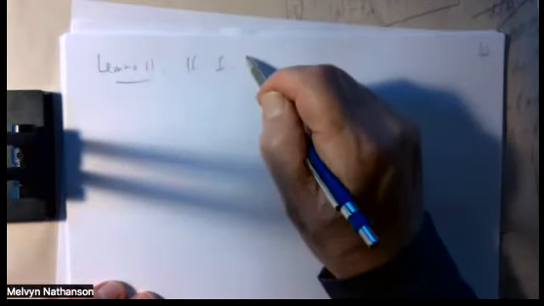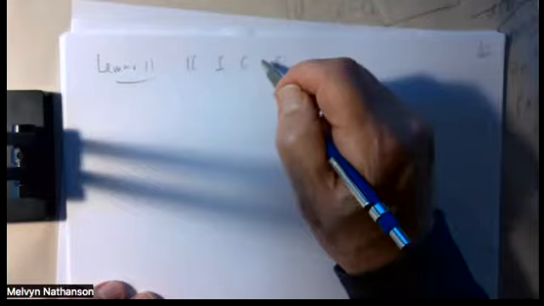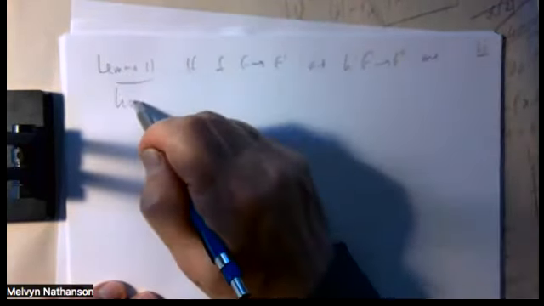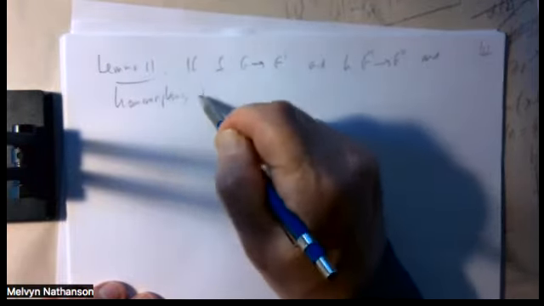If we have three groups, G and G prime and G double prime, and f from G to G prime and h from G prime to G double prime are group homomorphisms, so we have this picture: here's G, here's G prime, here's G double prime.